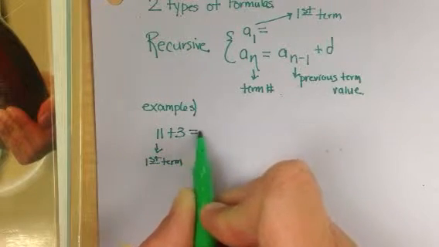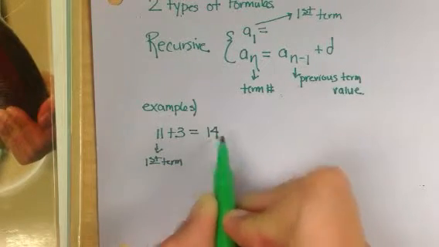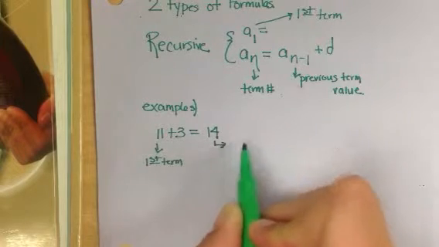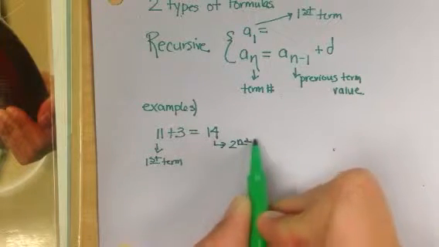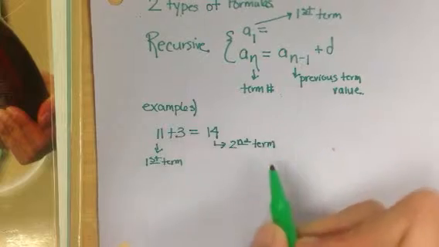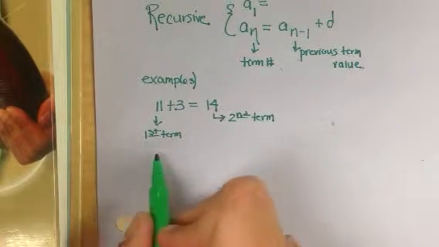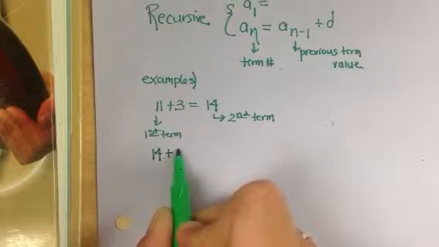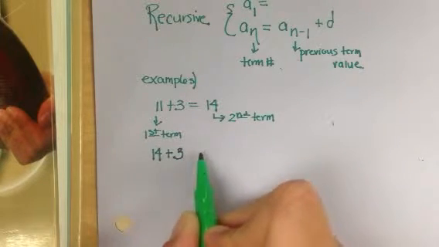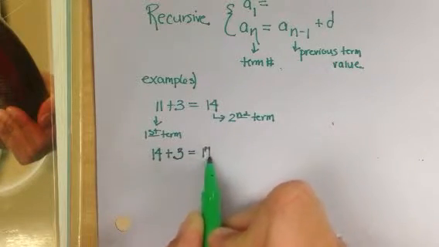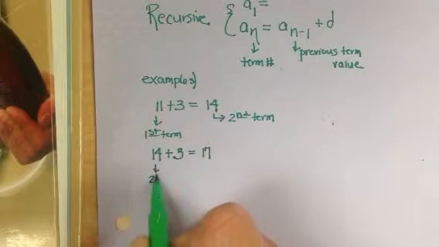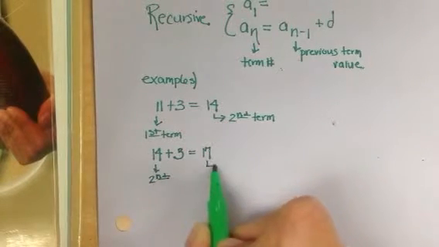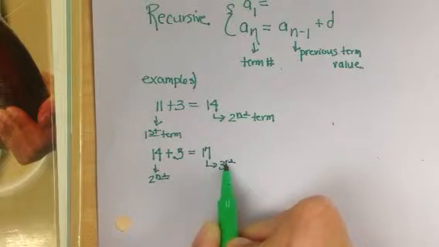We're adding 3 to it, and so we get 14. This would be your second term. So to find your third term, you're going to take your second term, which is 14, and add 3 to it to get 17. So here's your second, and here's your third.